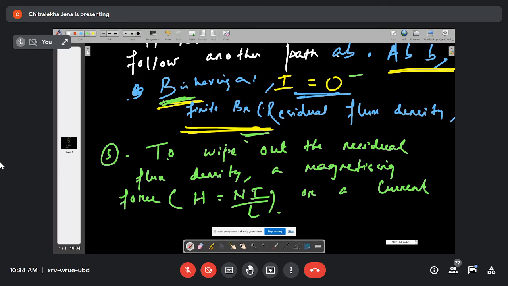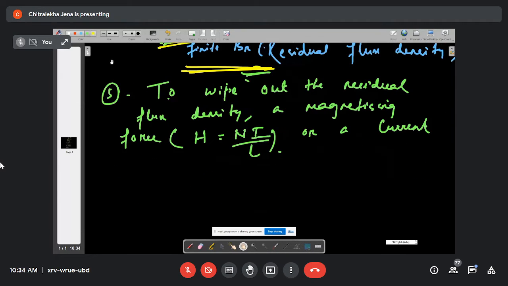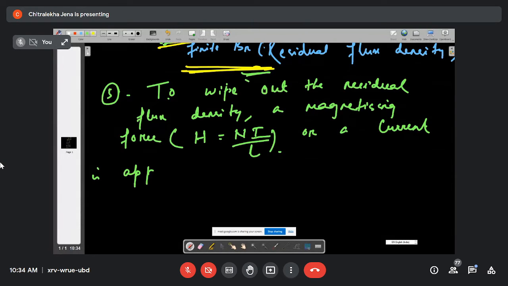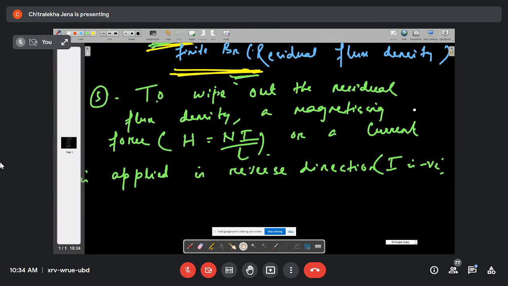In the reverse direction. At that time, current is negative. Current is negative or not?